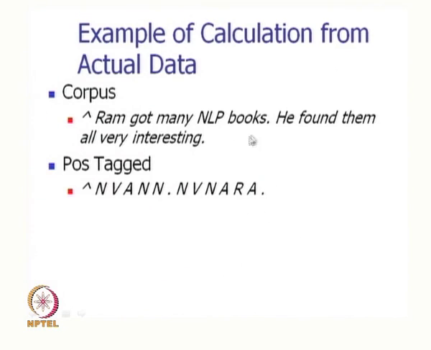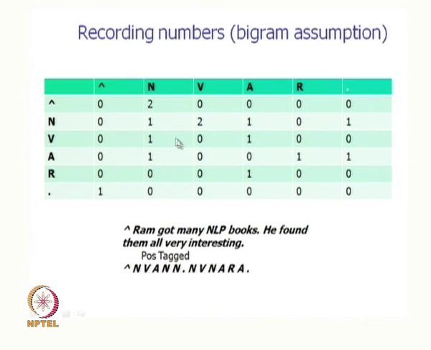In the first case, dot is preceded by books, which is a noun. In the second case, dot is preceded by interesting, which is an adjective. So, this is the way we have tagged the corpus and we are able to produce the entries in the table. This is a very important step in the whole processing of part of speech tagging.